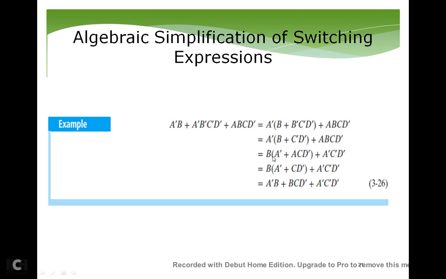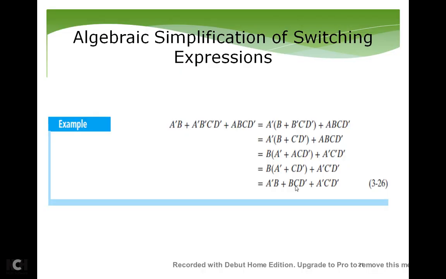We've got B and A primed or A C D primed. This is the form X or X prime Y, with this A being the complement of this A primed. That A literal gets removed, and we get A primed or CD primed here. Now multiply back through and you've got the answer.